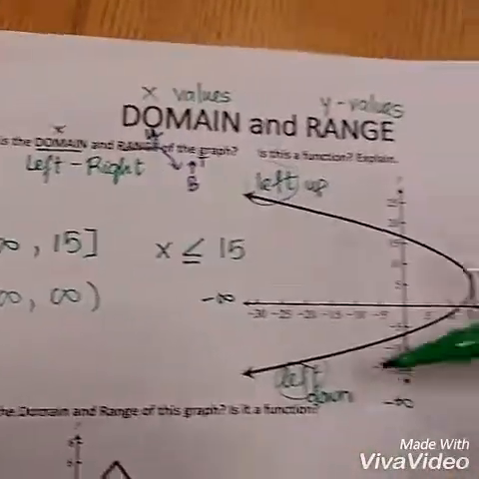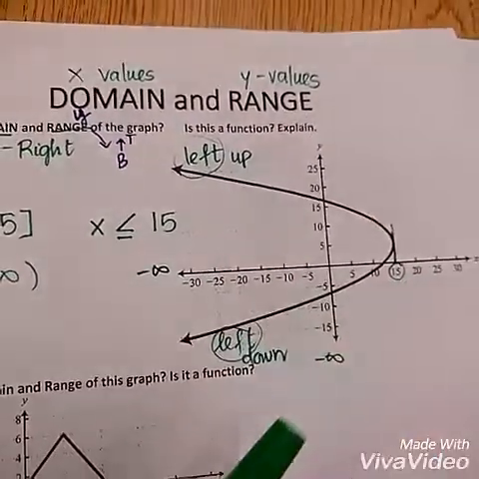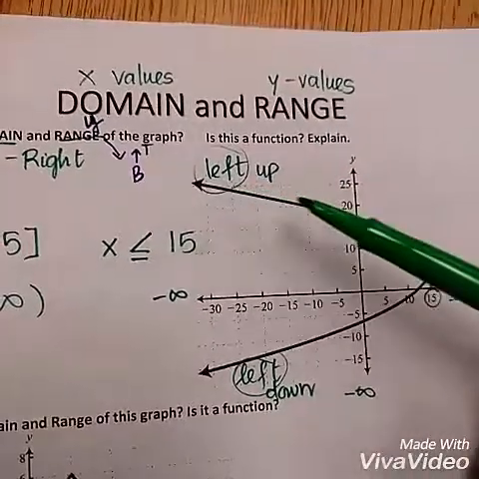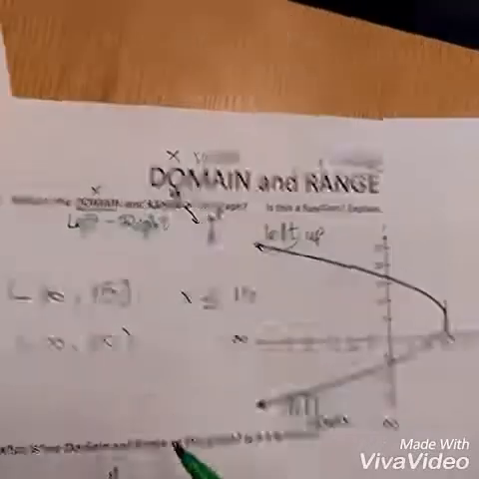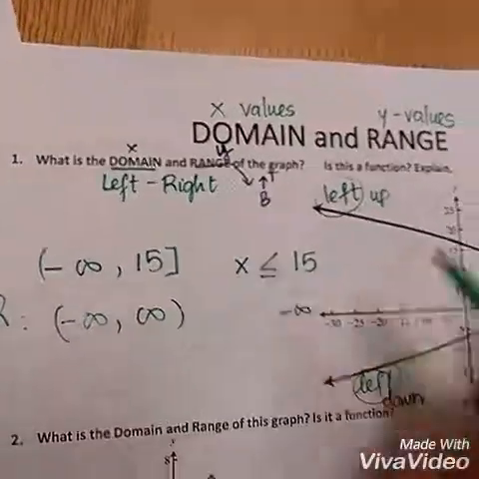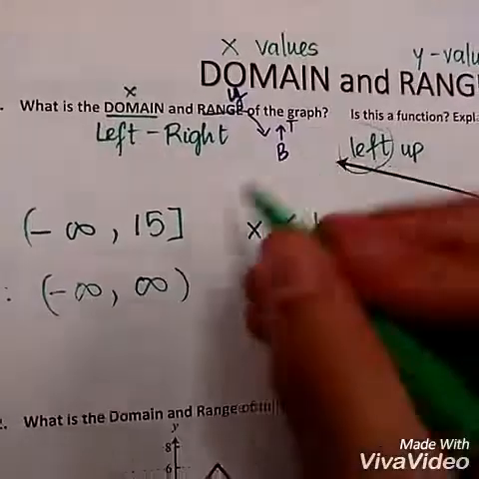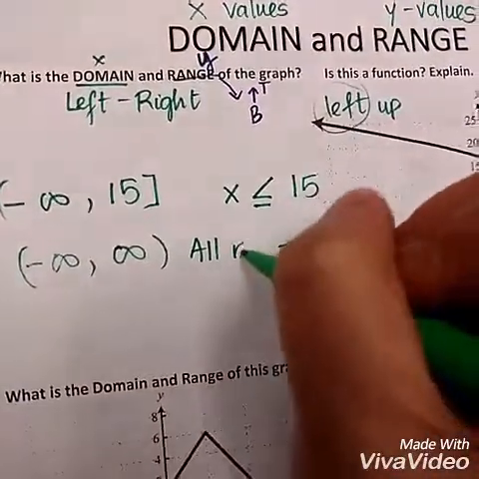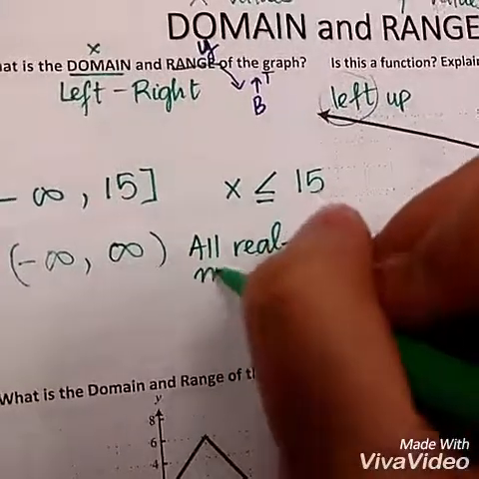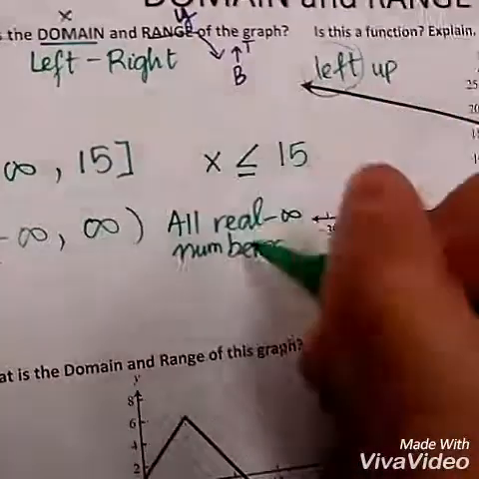I'm going to take a look at where it stretches, because it goes all the way down here, so it's getting smaller, but the other side goes all the way up, it's getting bigger. So it takes from negative infinity to infinity, all the numbers in the real set, right? So here I say it's all real numbers.